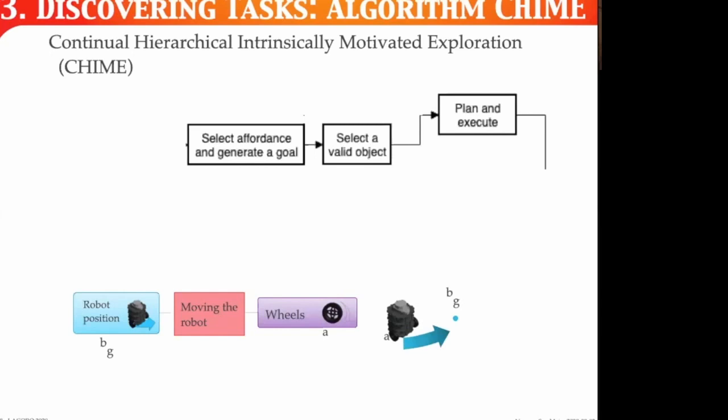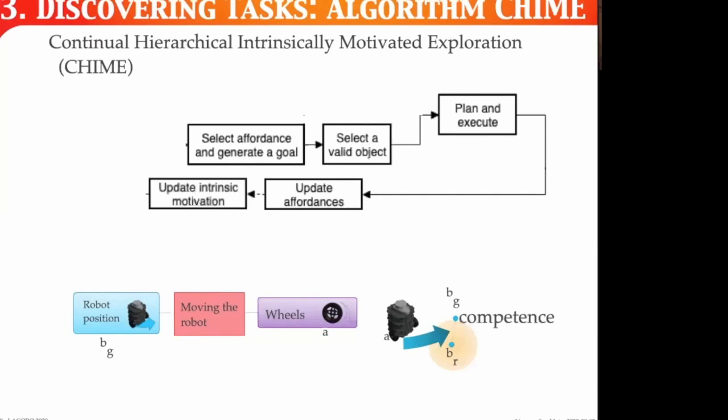And it will infer a command A, an action A that it sends to its wheels. And when it does that, it moves and reaches a point BR, which is the real outcome or effect on the environment. Then from this data A and BR, it can update its model of affordance. From that, it can also measure the difference between BR and the goal task, which was BG.